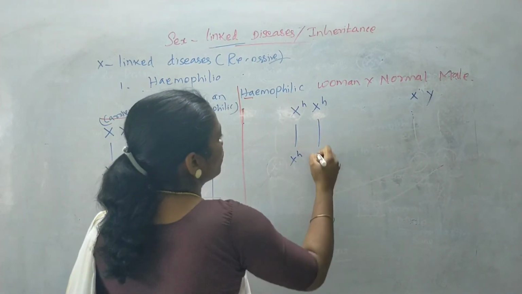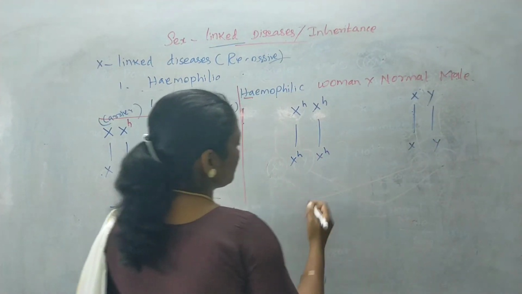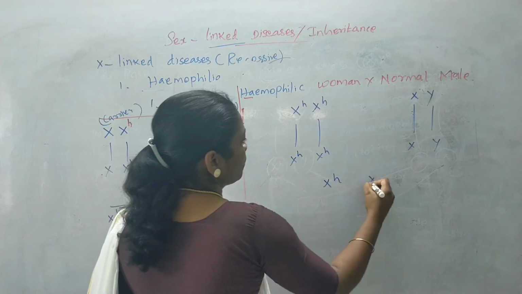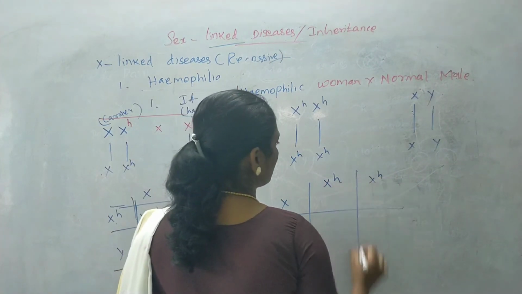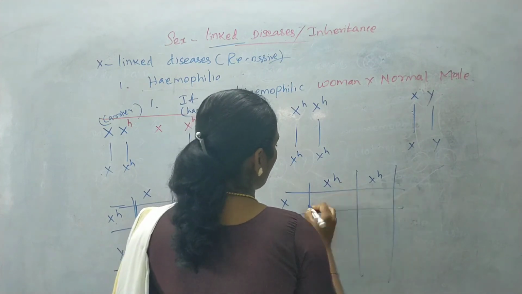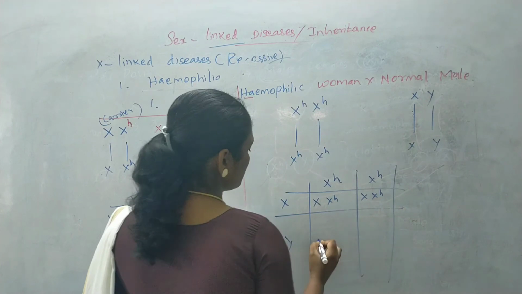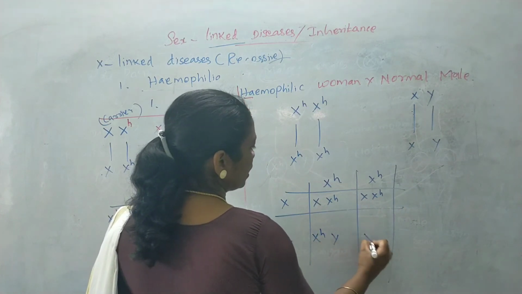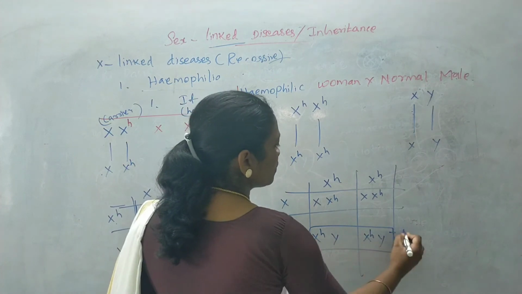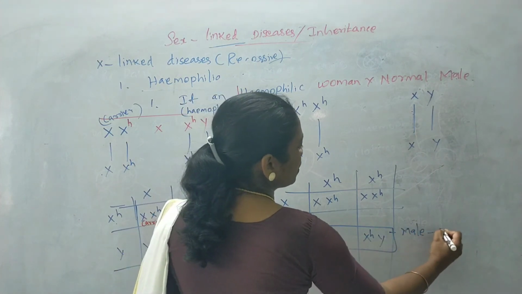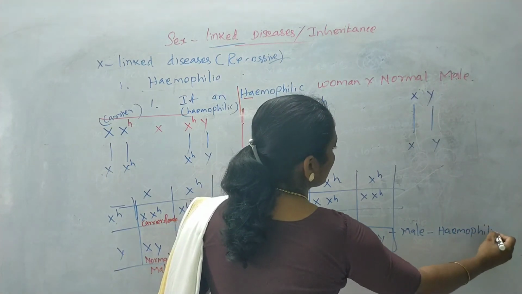So she will produce both chromosomes with the diseased condition, and here it is Y. So we'll draw a Punnett square where you can identify easily. Here it will be X, XH, X, XH, XHY, XHY. The males will be hemophilic. They will be affected by the disease.